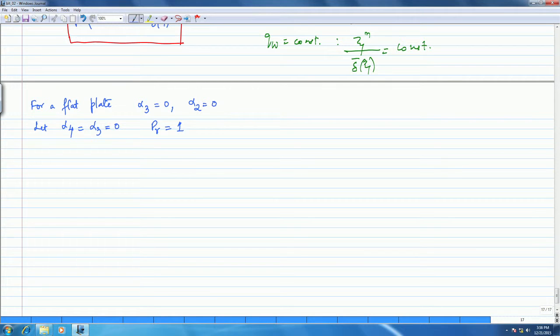Then what happens to equations 4 and 11?